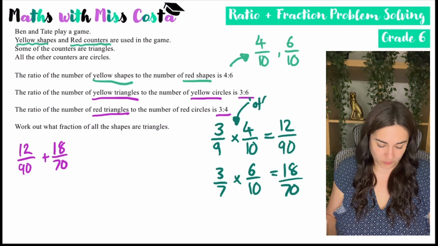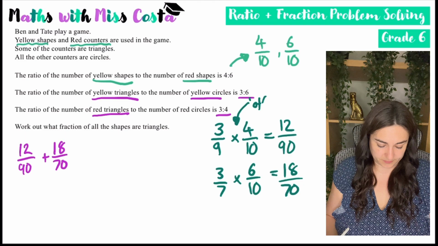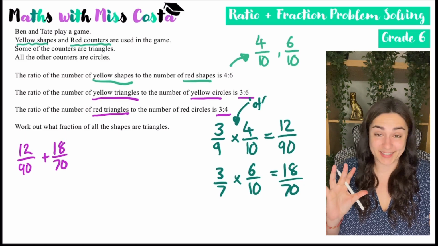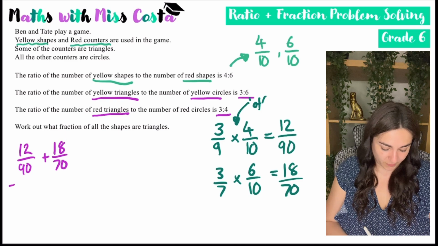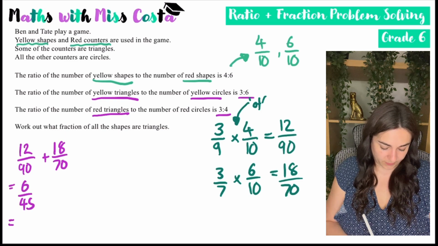The lowest common multiple of 90 and 70. What you can do if you don't like doing this is you can simplify your fractions first. So 12 over 90 is going to be 6 over 45, which if I divide by 3 is going to be 2 over 15.